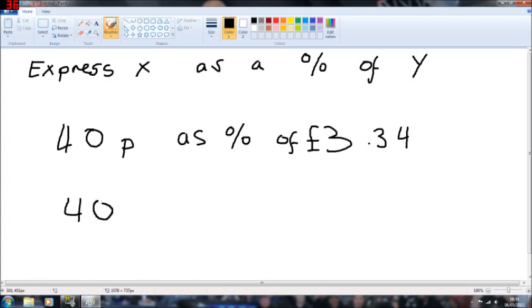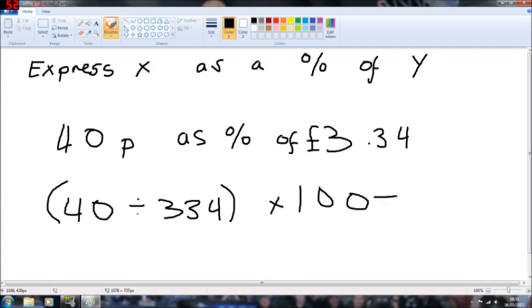So what you would do is 40p divided by 334 pence, and times that by 100, and what you get is 11.9, and you would round that off to 12%, and that is type 2 done right there.